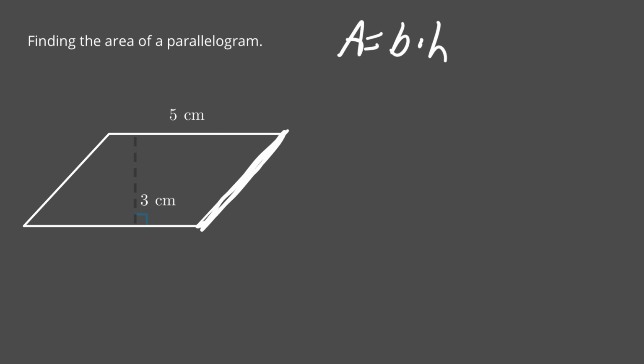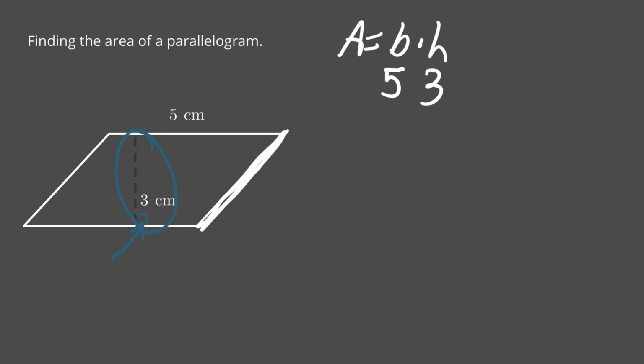In the very first step, I talked about how the height is always perpendicular to the base. So I want to draw your attention to the middle here. You'll notice that the 3 centimeters has the little perpendicular symbol, and it is perpendicular to the base of 5 centimeters. So our height here is actually 3, and our base is going to be 5.